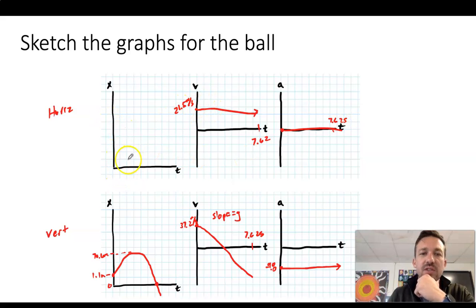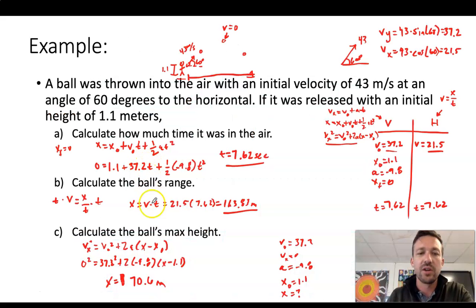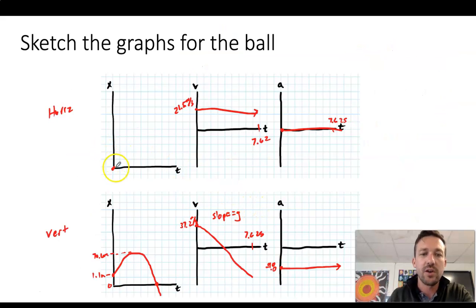And then your position. So since it's always traveling at 21.5, that means it starts at 0. We can call this position here 0 horizontally, and it's going to travel to its maximum range, which was 163.83. And it will do that at a linear rate because the velocity never changes. So it's the slope here, something you should take account of.